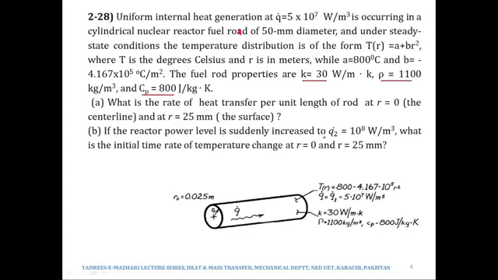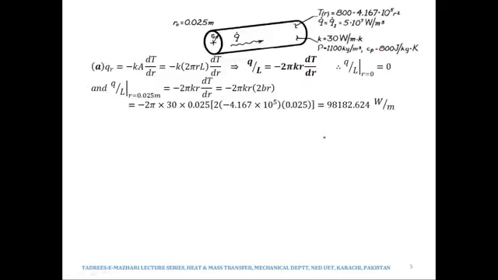So as far as part A is concerned, we have to find out q/L. So we can directly start with -k dT/dr. There is no need to apply the heat diffusion equation, because we are not asked to find out the heat generated or the time rate of temperature change or things like that.